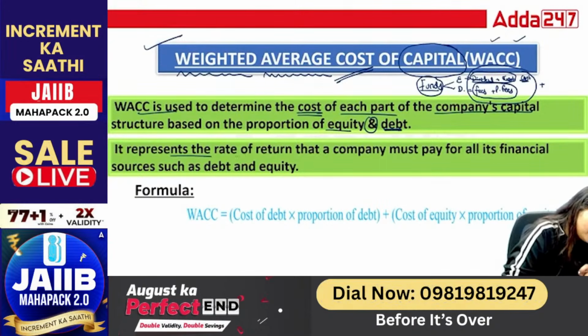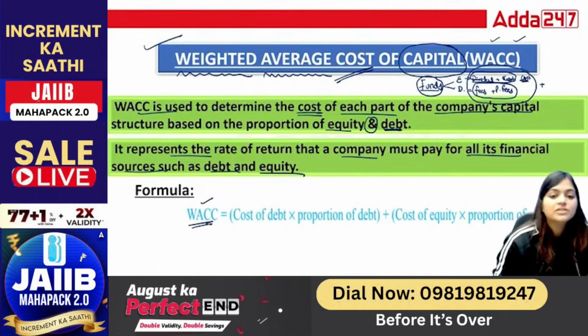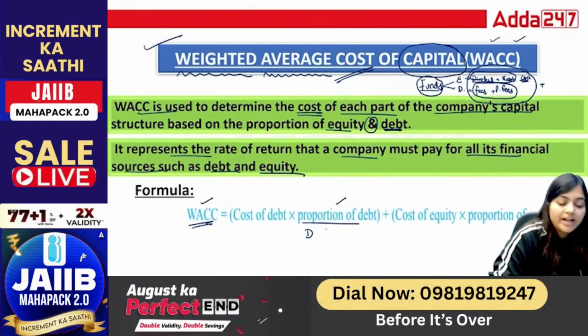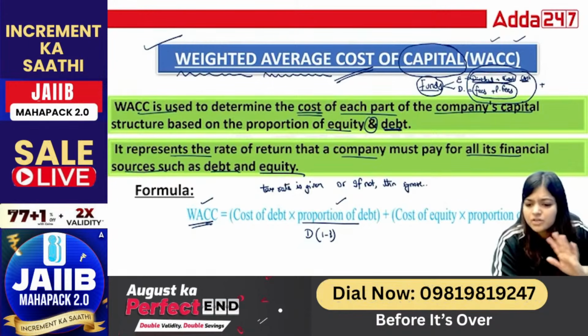Now, it represents the rate of return that a company must pay for all of its financial sources such as debt and equity. So, the formula that you need to use for calculating WACC is proportion of debt. Just now you have seen proportion of debt. Yes, you will calculate in percentage. And if tax rate is given, multiply by 1 minus T. If not, then just ignore it.